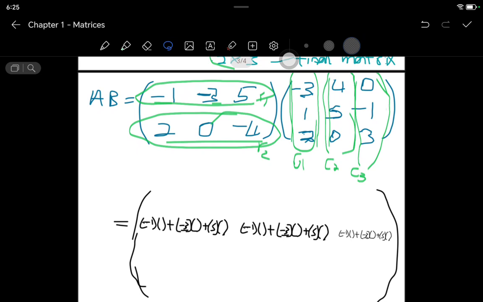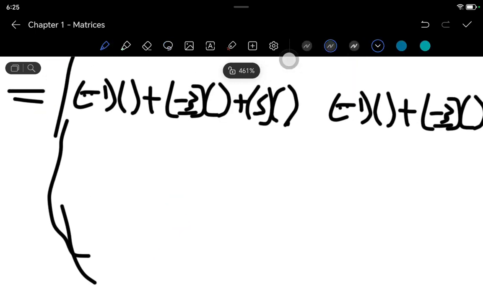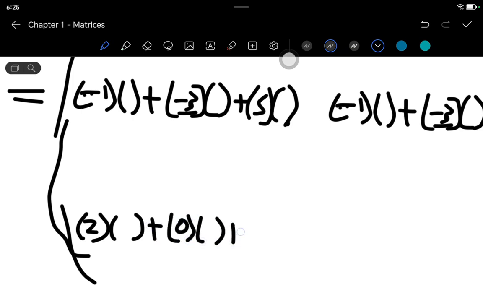Then I take the second row, which is 2, 0, minus 4. I'm just going to do the same. I say that this will be 2 multiplied by something plus 0 multiplied by something plus minus 4 multiplied by something.